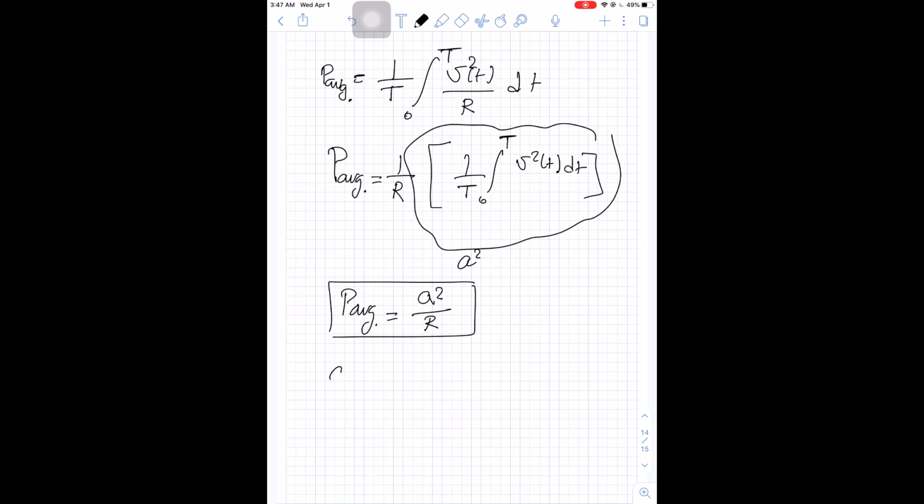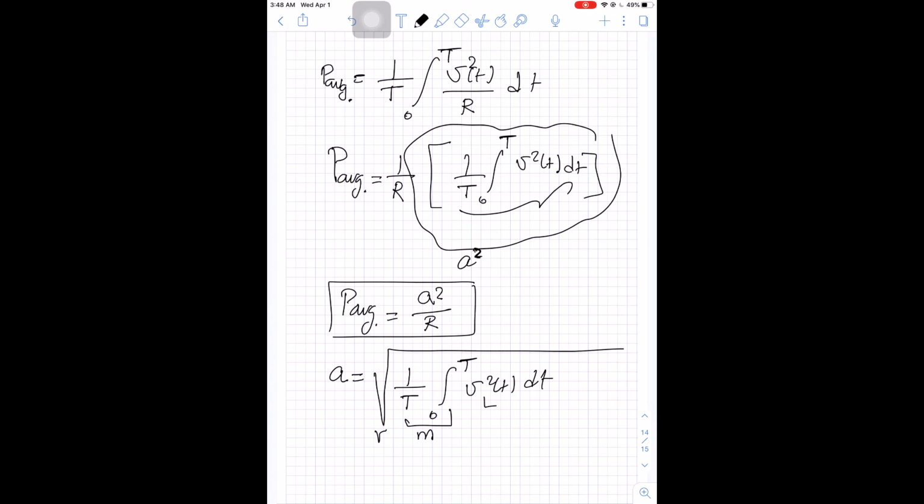So what is this term A? We defined all of this as A squared, so the term A will be the square root of 1 over T integration from 0 to T of V squared of t dt. So this term A is the root of the average or the mean of the function squared, which is the RMS.